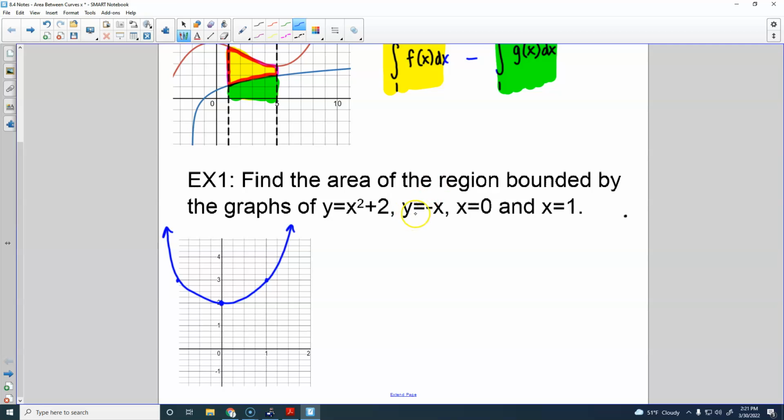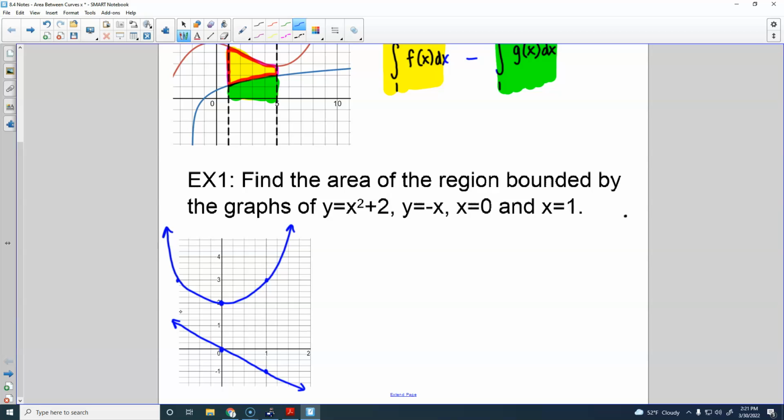And then we've got y equals negative x. So y equals negative x would have a y-intercept at 0 and a slope of negative 1. I realize the scale on this is a little bit weird. It would look like this. And then I've got x equals 0 and x equals 1.